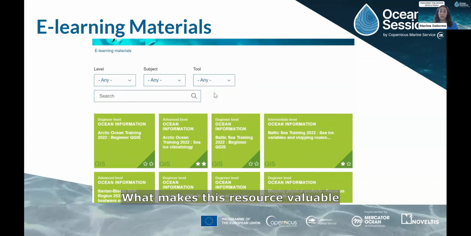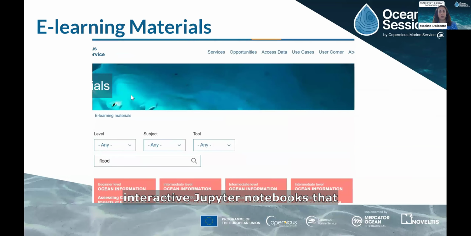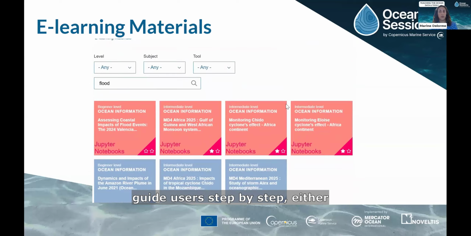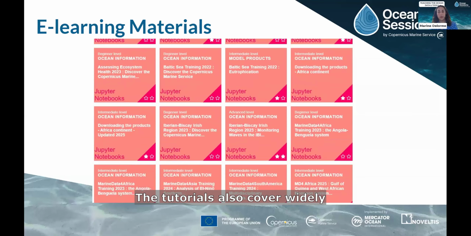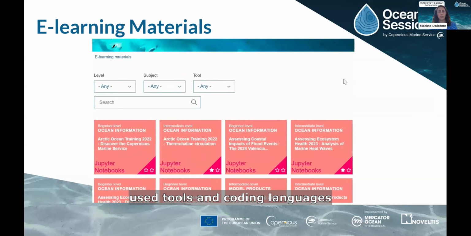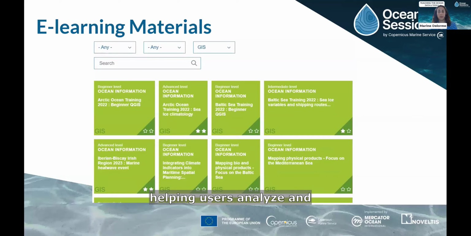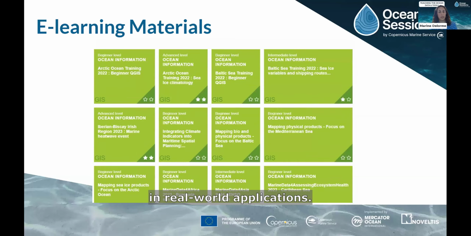What makes this resource valuable is its practical approach, with many tutorials available as interactive Jupyter notebooks that guide users step by step, either online or locally on your computer. The tutorials also cover widely used tools and coding languages such as Python, R, and QGIS, helping users analyze and visualize Copernicus Marine data in real-world applications.